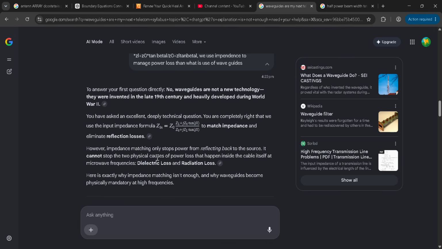We know the coaxial cable has an outer conductor and an inner conductor line. In the middle is the dielectric. In the dielectric, the loss or radiation loss happens.